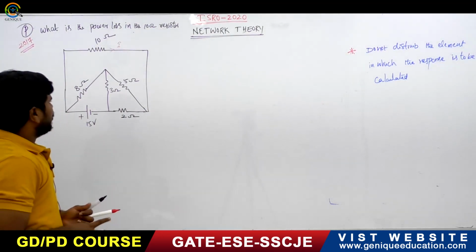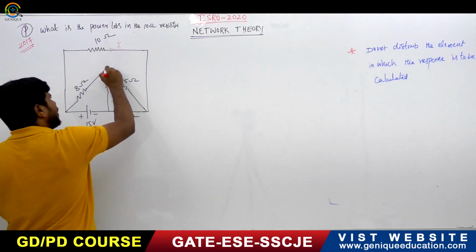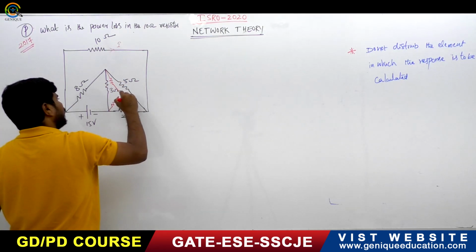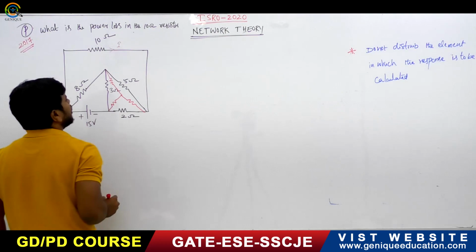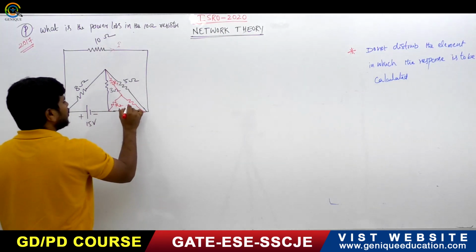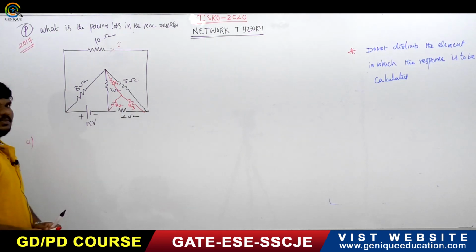So whenever you find one delta network, you have to convert it into star. Let us suppose this is R1, R2, R3.